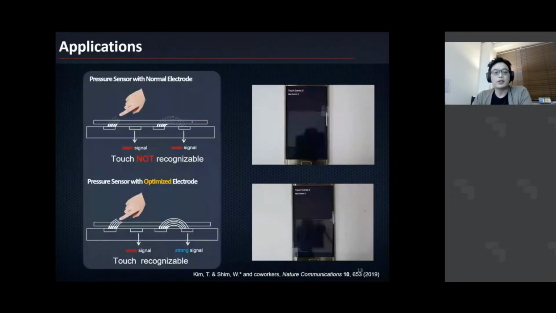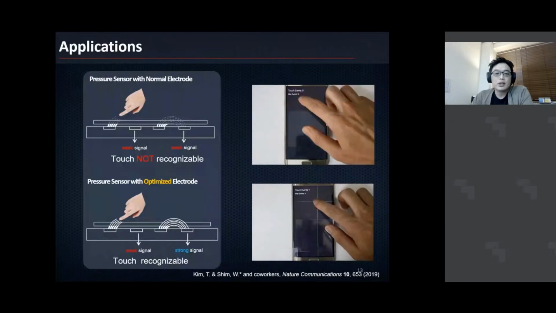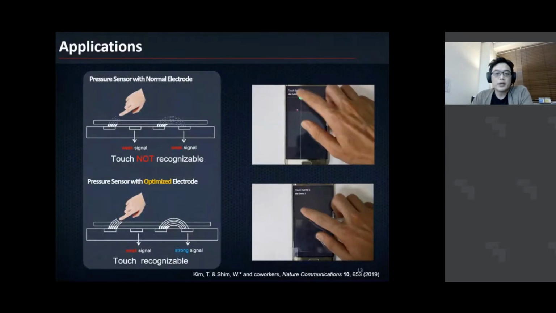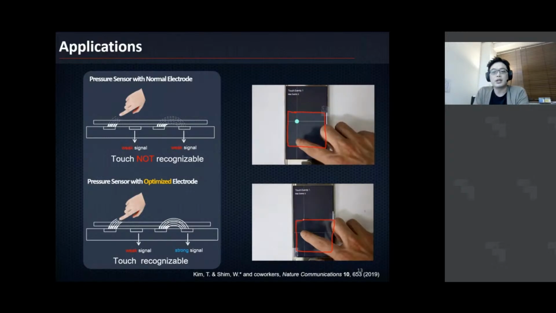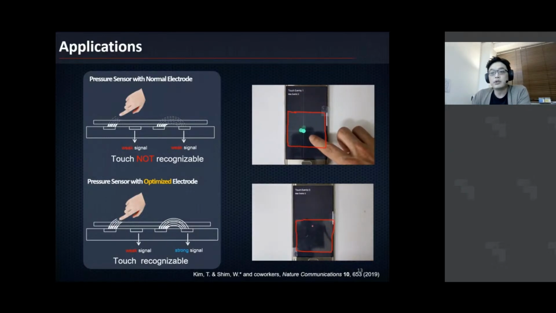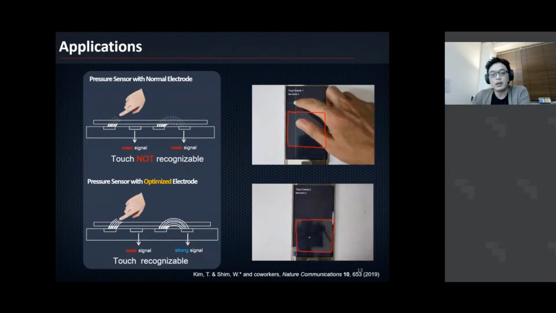So here's the result. Here, I used the pristine commercial PEDOT:PSS in this case. Here's a much diluted PEDOT:PSS, which has a lower concentration of charge carriers but is still usable for a capacitive sensor. Here, your cell phone does not recognize where you touch, but in this bottom case, it's possible.